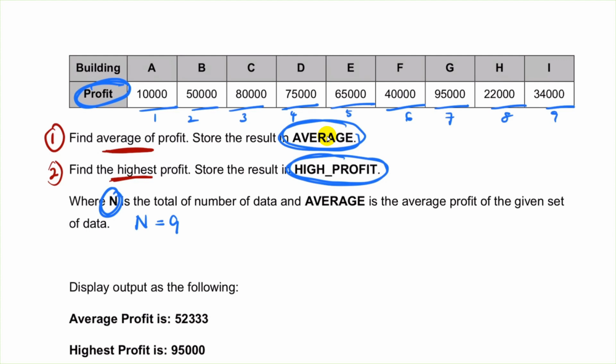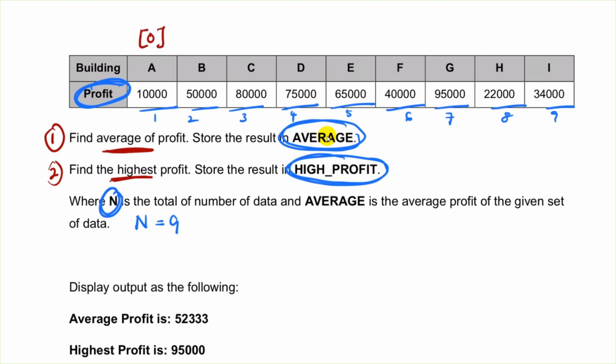Alright, next, you need to remember these array questions. Nombor yang dekat dalam array tu kita akan simpan dalam index. The numbers in the array, we need to store them in index. So the index will start with index 0.